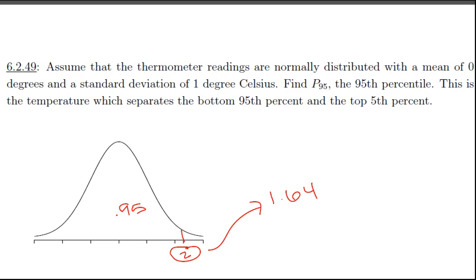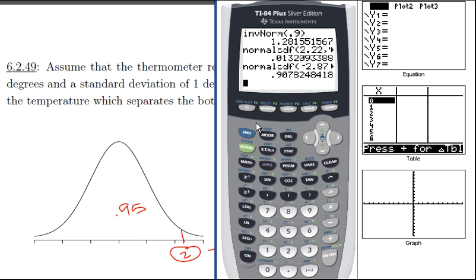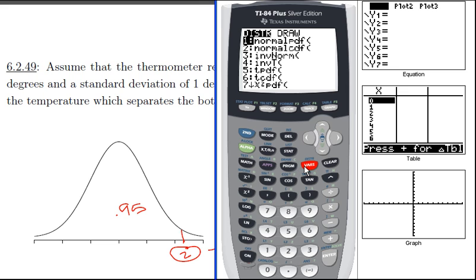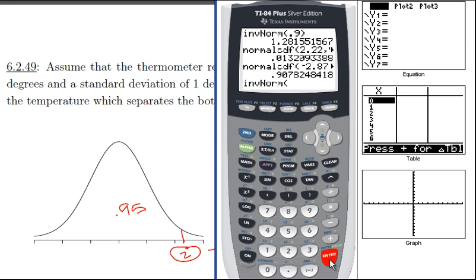I can do that on the calculator as well by going to second, VARS, and now I want the inverse because it's working backwards, and I just put in 0.95, and that gives me 1.64 as well.